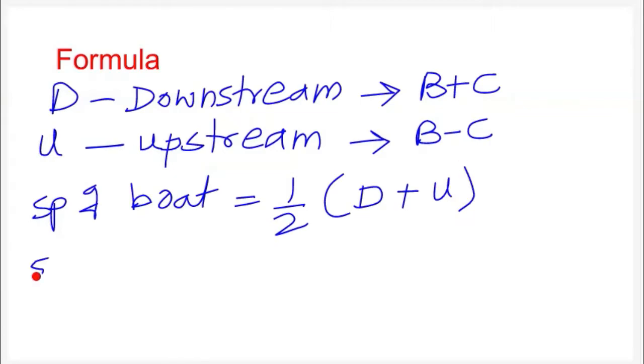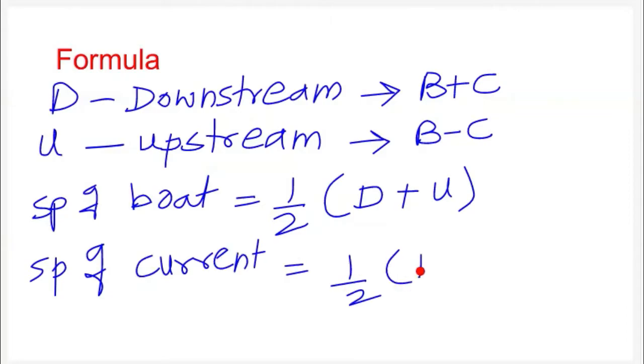And when you want the speed of current, you write half into downstream minus upstream. Hope you followed this. If it is clear to you, say yes. We'll move towards questions.